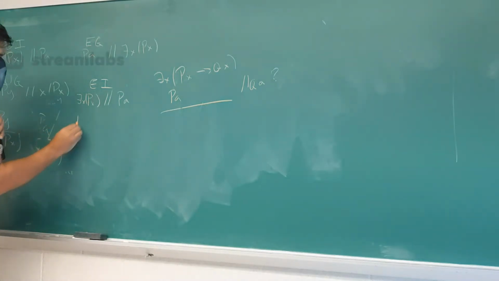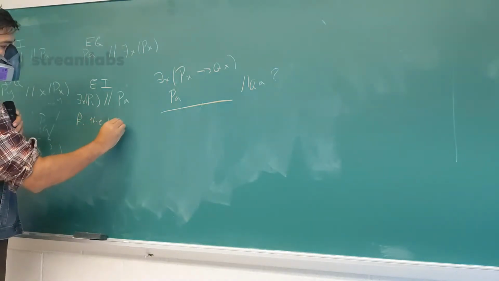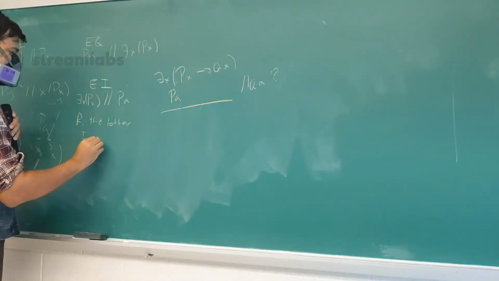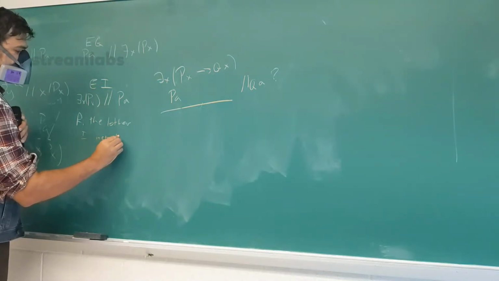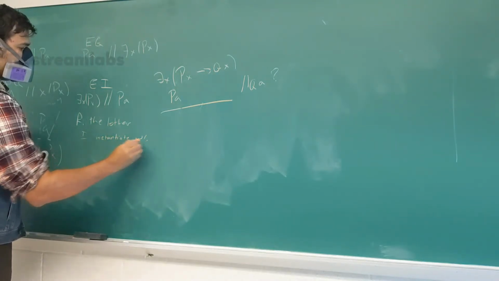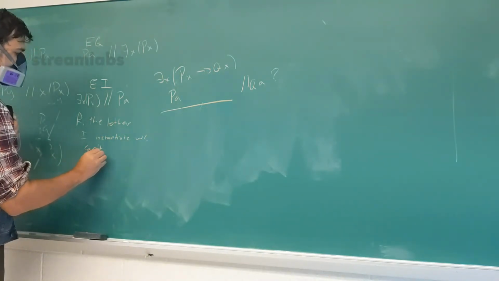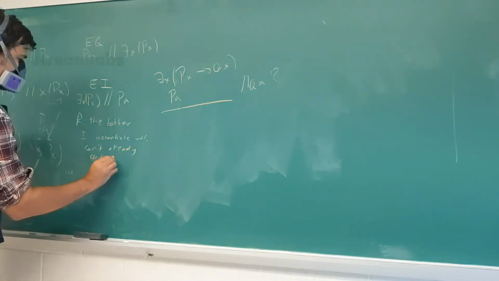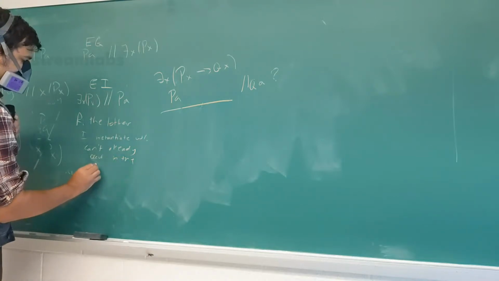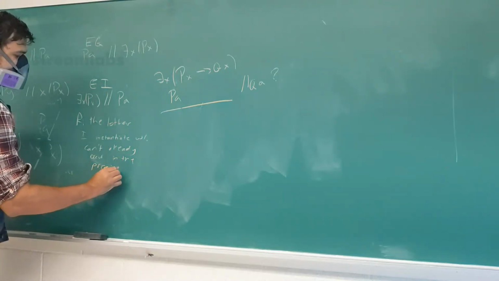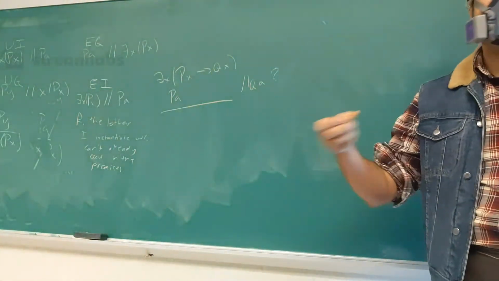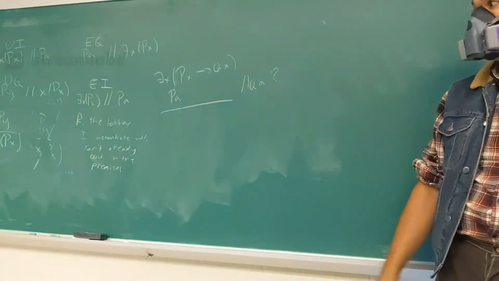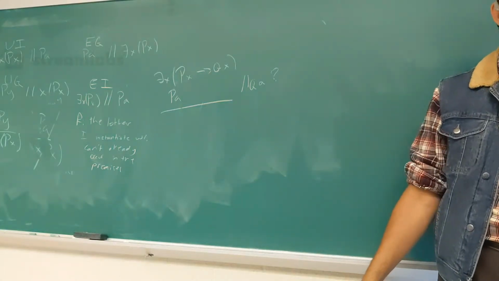Now, my restriction R is that the letter I instantiate with can't already occur in the premises, or anywhere, really. I can't even use the same letter that I got from any inferences. I have to use a completely new letter whenever I instantiate.